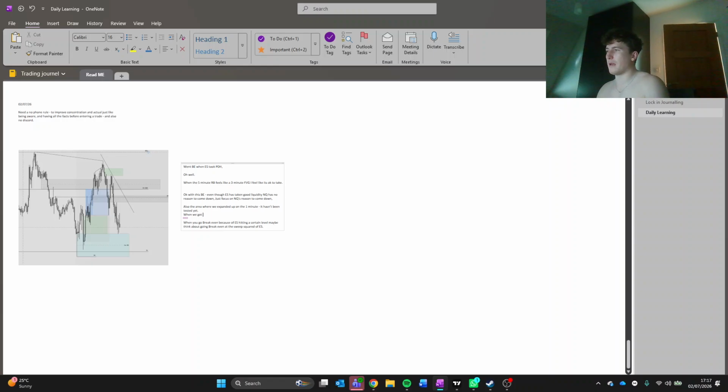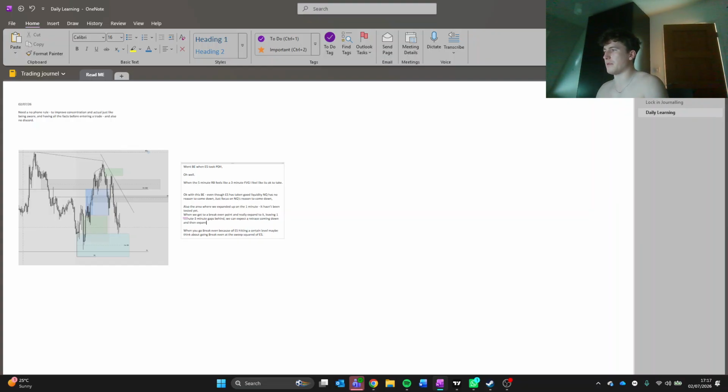When we get to a break even point and really expand to it, leaving 1 minute to 3 minute gaps behind, we can expect a retrace coming down, and then expanding after, where you can go break even at sweep squared. Okay.